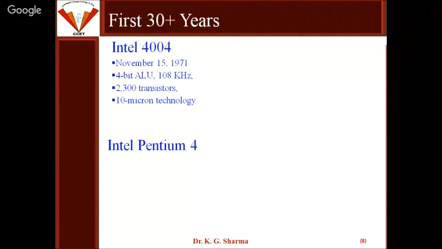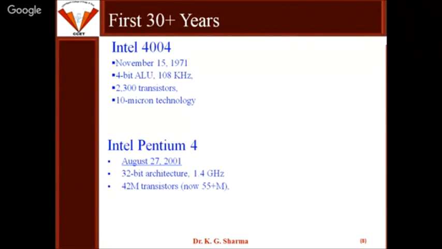And then the Intel Pentium 4 came into existence on August 27, 2001, with a 32-bit bus architecture, a 1.4 gigahertz processor, and 42 million transistors. Afterward, 55 plus million transistors were in that Pentium 4 processor, using 0.18 micrometer technology.